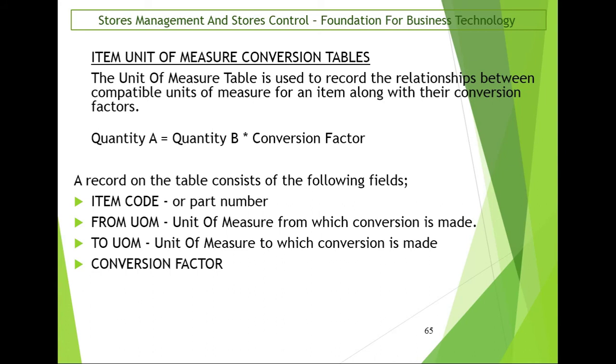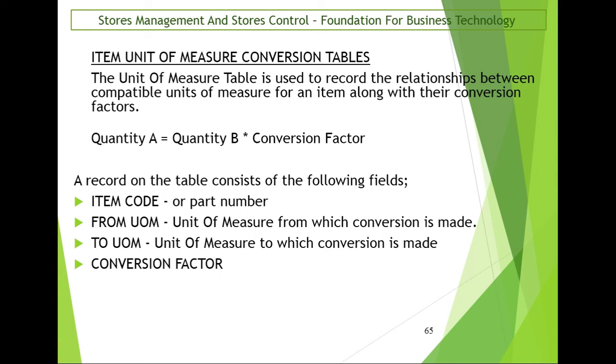We mentioned earlier on that you can specify different units of measure for an item. Some items are bought per drum or per truckload, but when you store them, they can be stored in a different unit. When you sell them or issue them, you also can issue them in another different unit. So there's a need to be able to convert from one unit to the next.